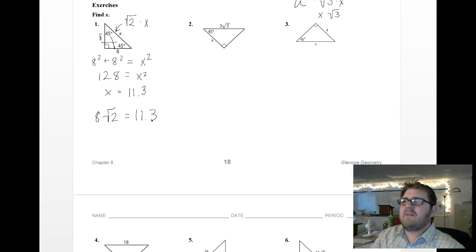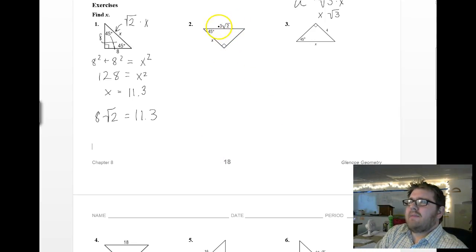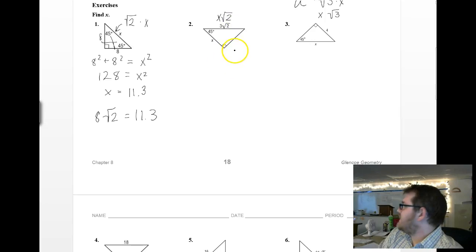So let's try a couple more here. In number 2, we're given the hypotenuse. So we know that the hypotenuse is x radical 2. So if the hypotenuse is x radical 2, what does that mean x, this side over here, has to be?